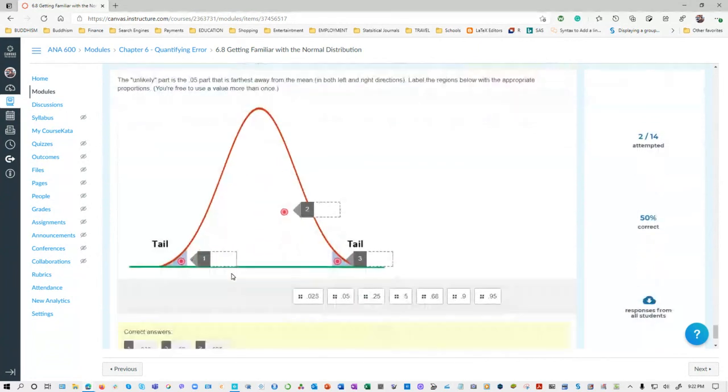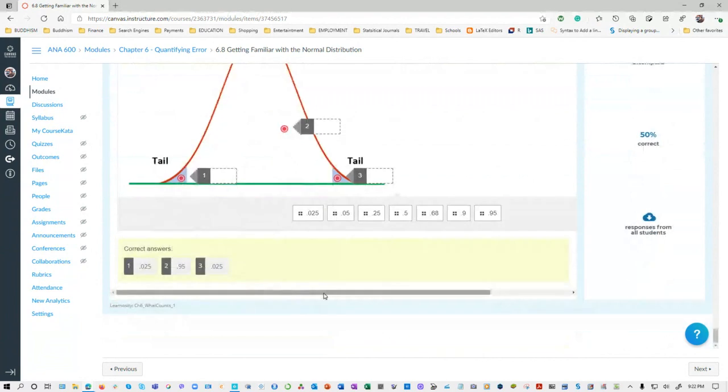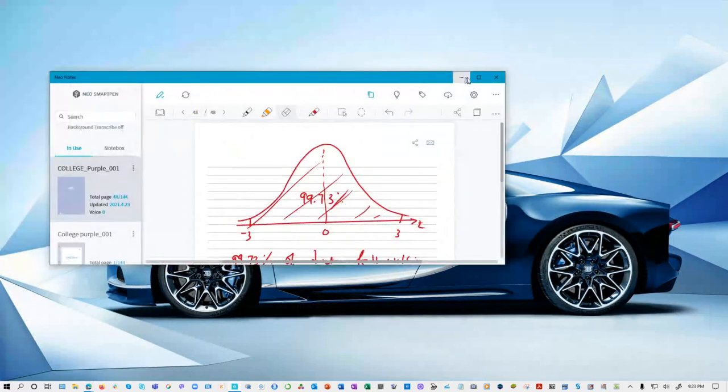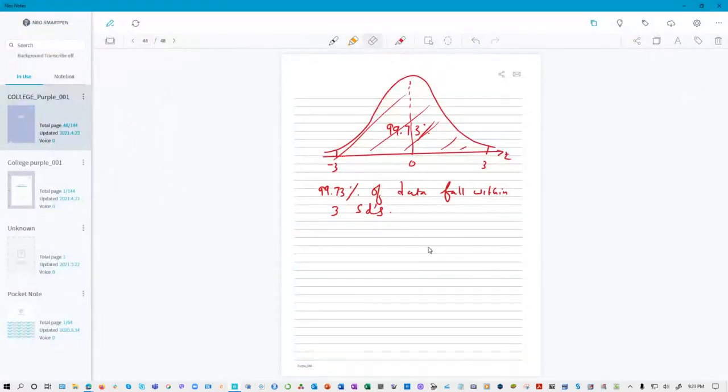So it is 95%. What they did here is they kept 95%. You can remember 95% from earlier. It is roughly 95%.